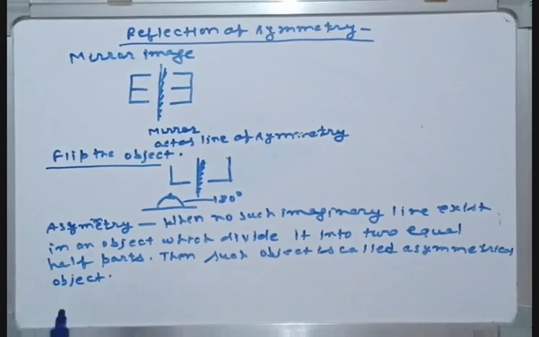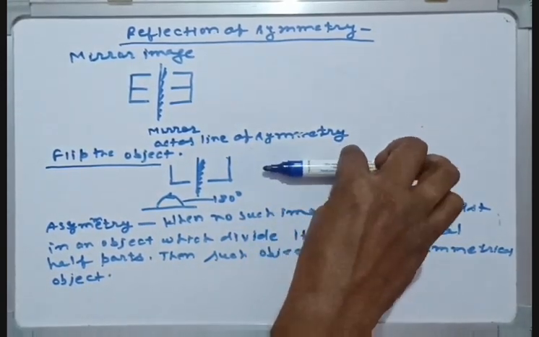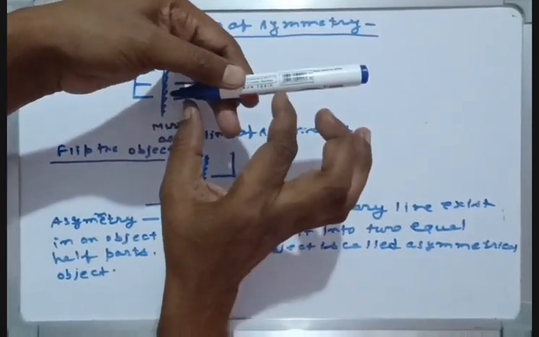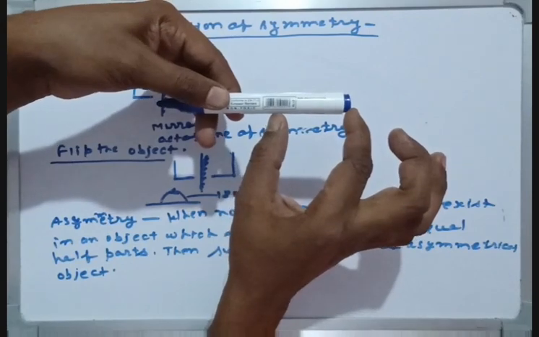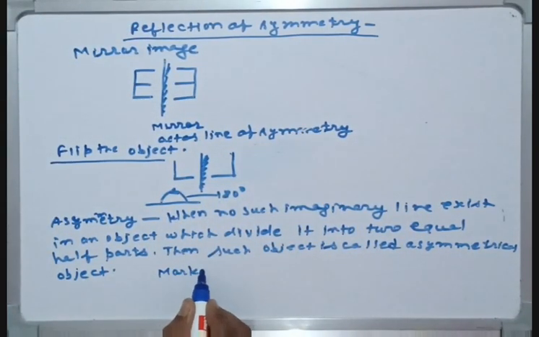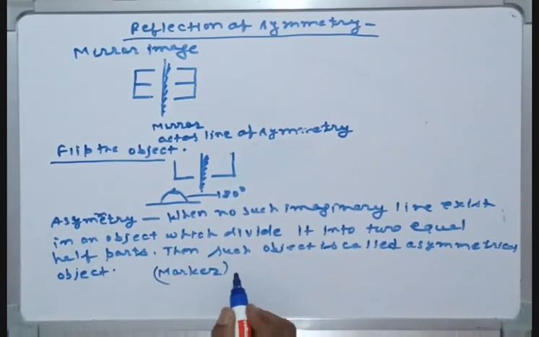Okay guys, now see, here the example is our marker. If we cut from here, see, this portion is not identical to this one, so the marker here is an example of an asymmetrical object.